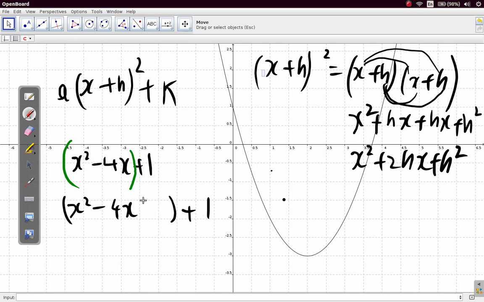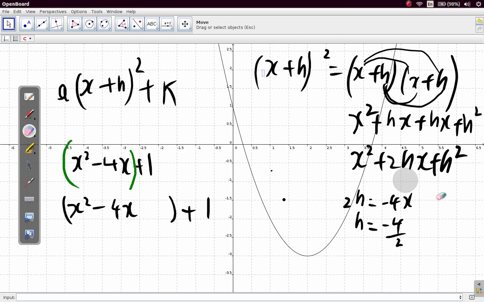Now here, 2h is the same as negative 4. Then h squared would be what? We have to find h. I had said negative 4x, but the x doesn't belong there.